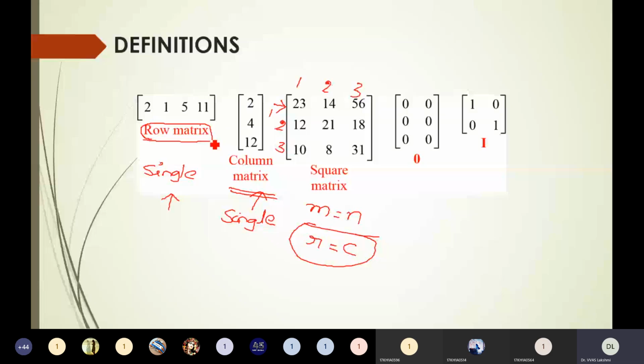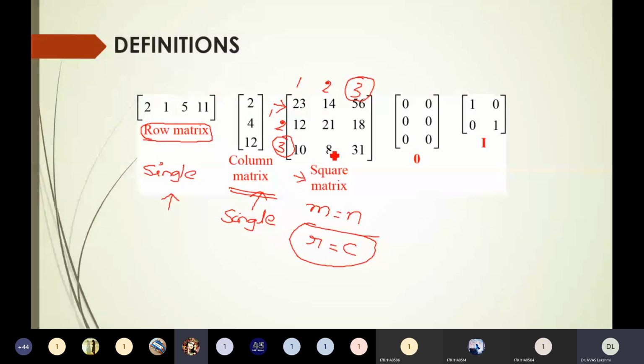So what is the number of rows? 3. And the number of columns? That is also 3. Whenever the number of rows and number of columns are equal, that matrix is said to be a square matrix. Okay? Ma'am, is it clear?